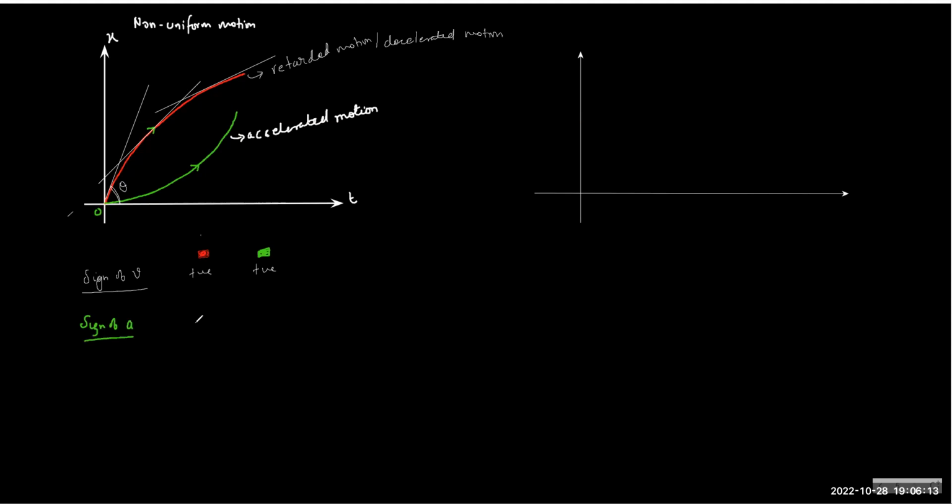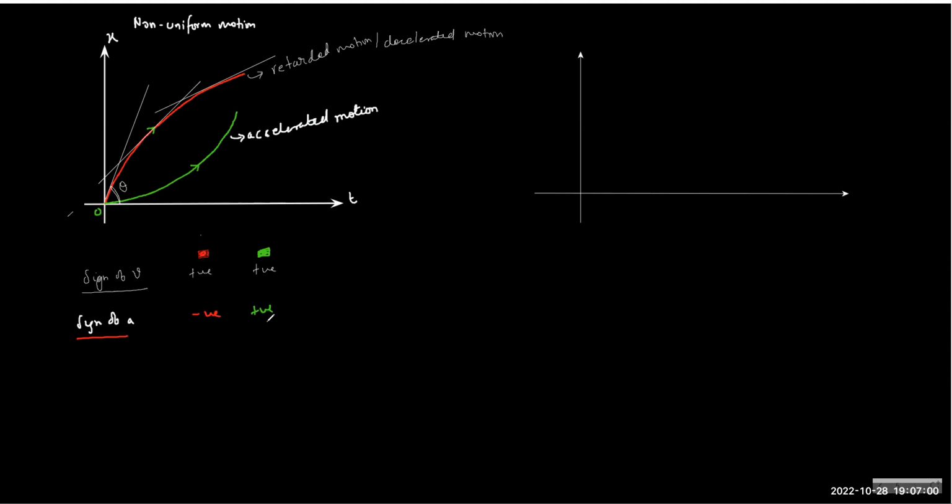Now the sign of A. To find the sign of A in the xt graph, we check two consecutive velocities in the progress of time and we subtract. So in the red case, as you move ahead, the value will decrease. So the difference will be negative. Do you realize this? Acceleration is defined as dv by dt, right?